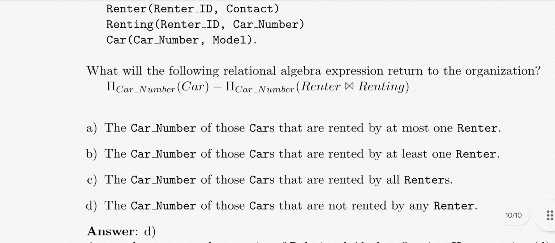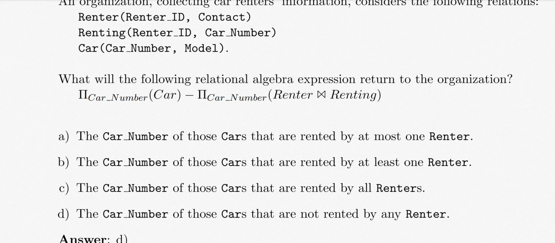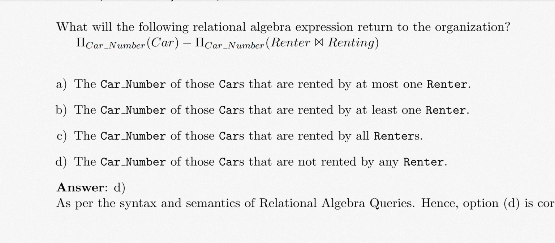So what will be the right answer? The car number of those cars that are rendered by at most one render. No, because we already joined render and rending, so we got all the cars which were already given for rending. So we get the cars which did not go for rent, right? So the answer will be D.